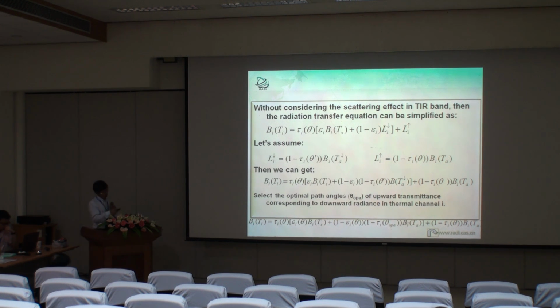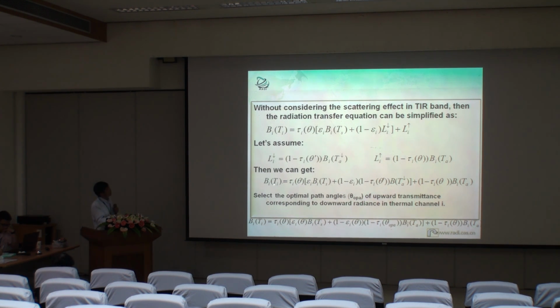Let's assume the atmosphere downward and upward radiance are equal to this one and this one. It just means we can use the effective atmosphere temperature for the upward and downward atmosphere radiance calculation. Why do we do that? Because it is very difficult to get the atmosphere profile at the time of the land surface temperature measurement. But we can try to get the equivalent atmosphere temperature, so instead of the profile with several parameters, there is only one equivalent air temperature.